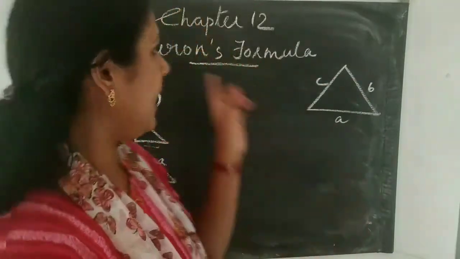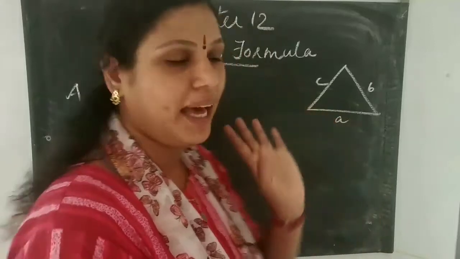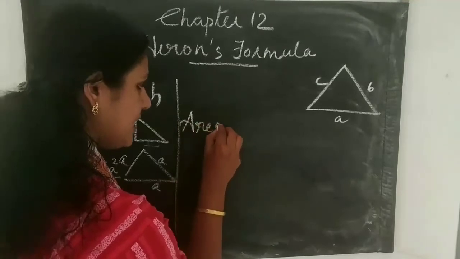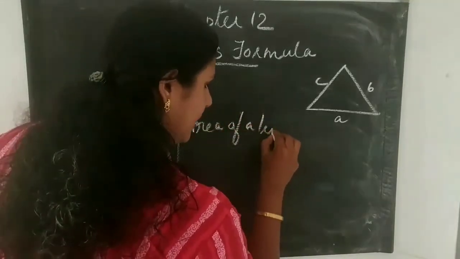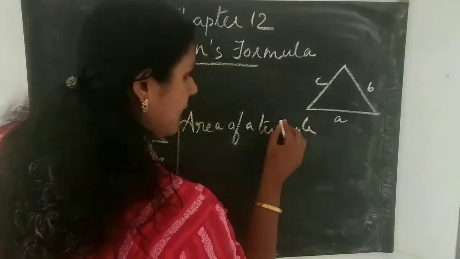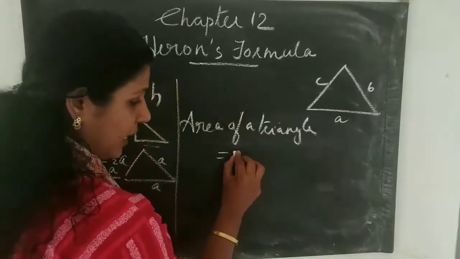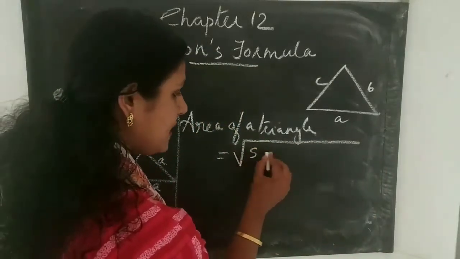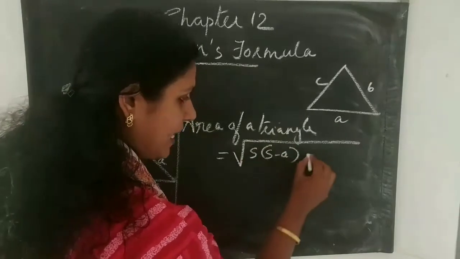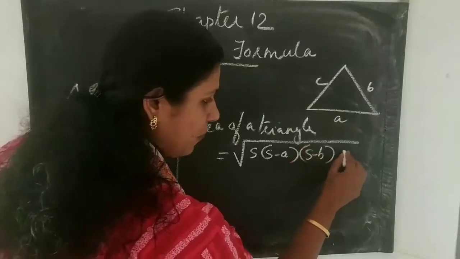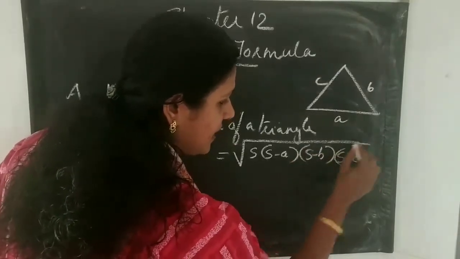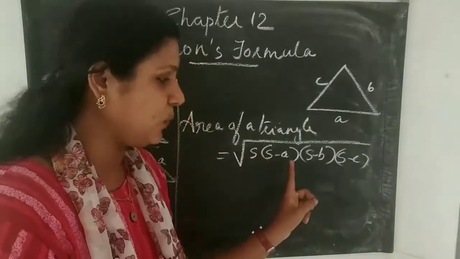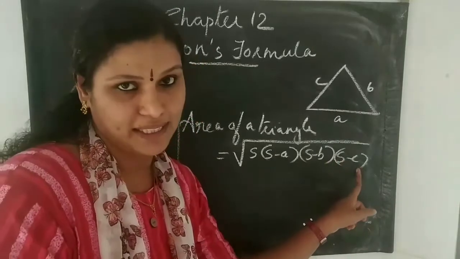That formula is known as Heron's formula, and the formula is: area of a triangle equals root of s into (s minus a) into (s minus b) into (s minus c). This is the formula.